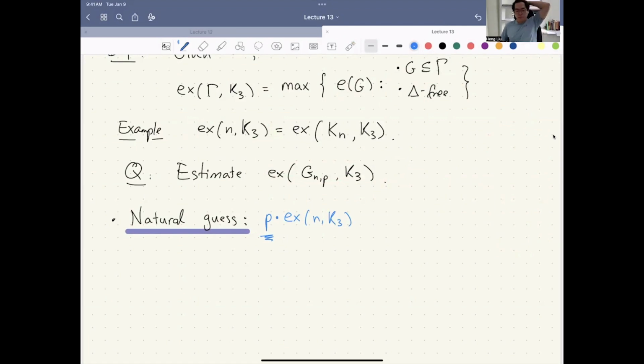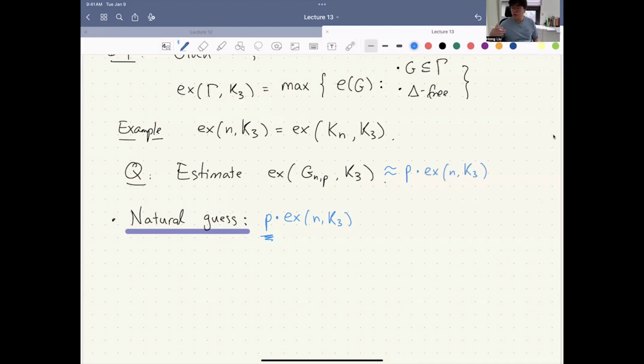So this is the natural guess. And first, I want to leave it as an exercise for you to show at least the lower bound. To prove this, we want to prove this is roughly p times the extremal number of K_3.